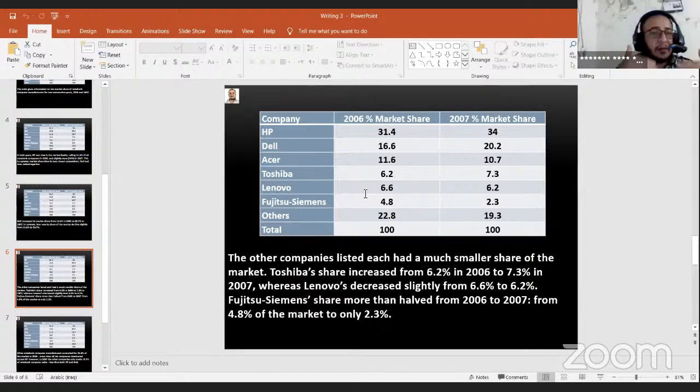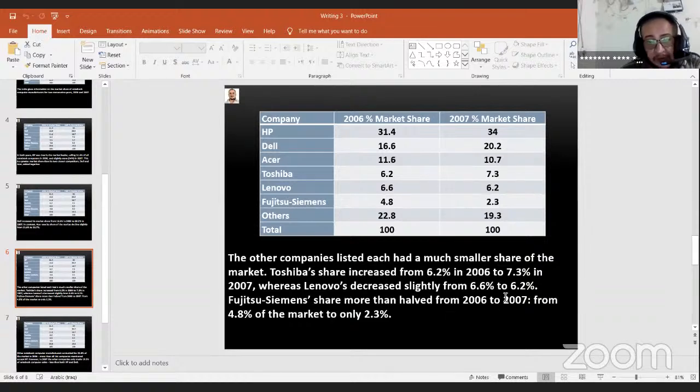You may also talk about the decreased ones before the increased ones. You are free. Okay. The other companies listed each had a much smaller share of the market. Toshiba's share increased from 6.2 in 2006 to 7.3% in 2007, whereas Lenovo's decreased slightly from 6.6% to 6.2%. Fujitsu Siemens share more than halved. That means more than the half.